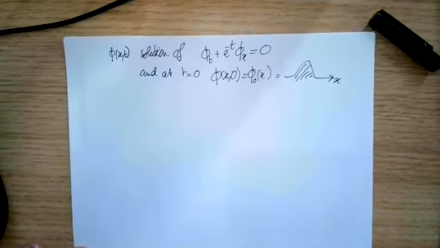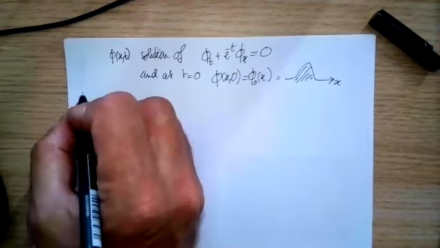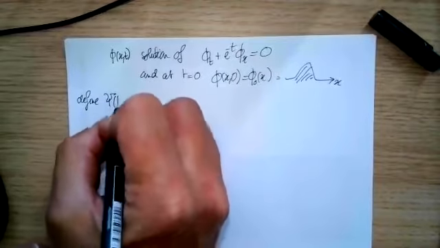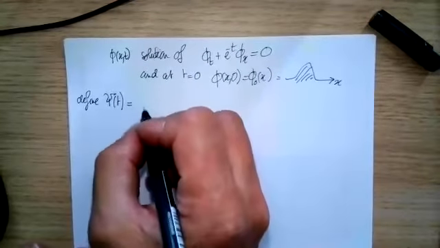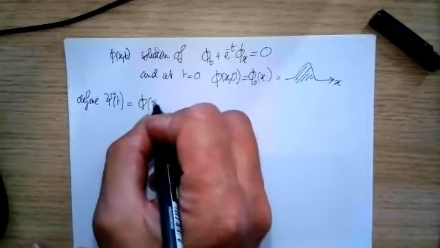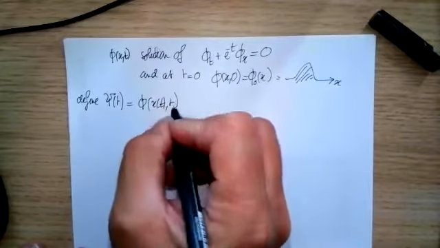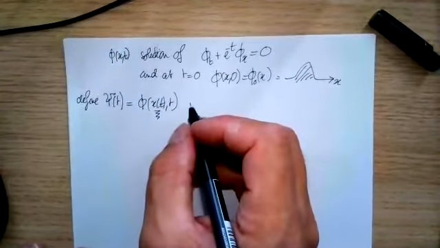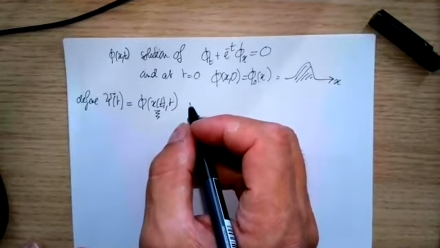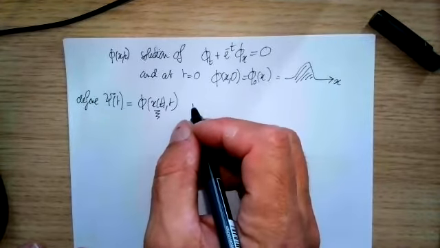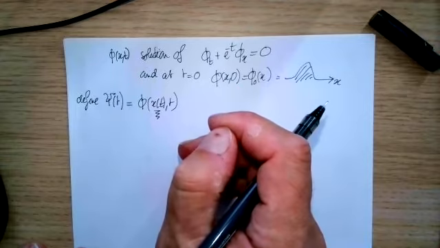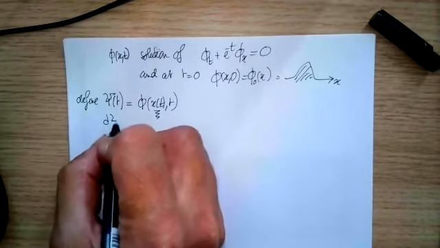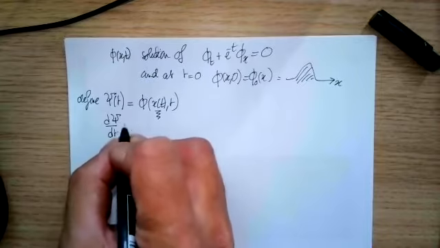Well, let's use the method of characteristics and define psi of t, which is phi of x(t) and t, where x(t) is yet undetermined. And we will choose the most convenient x of t for us. So if you do that, you derive psi with respect to t.